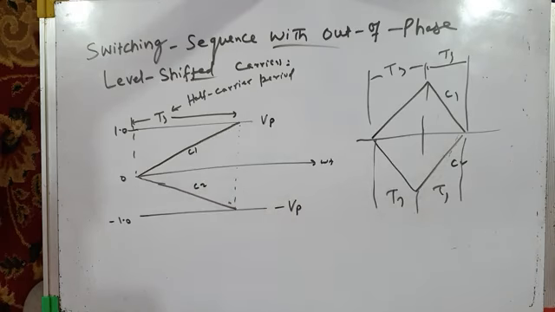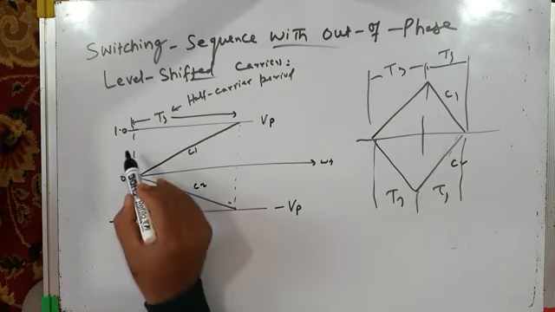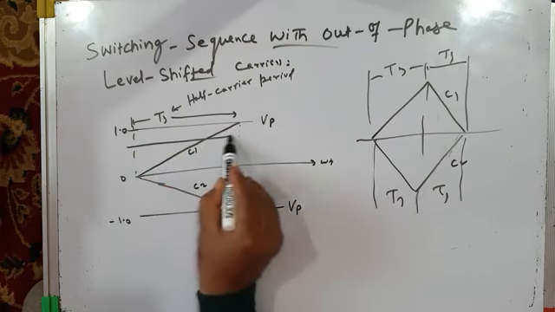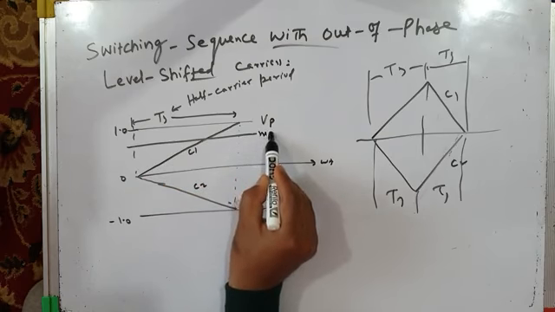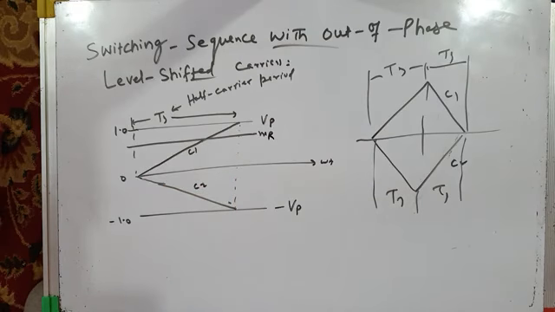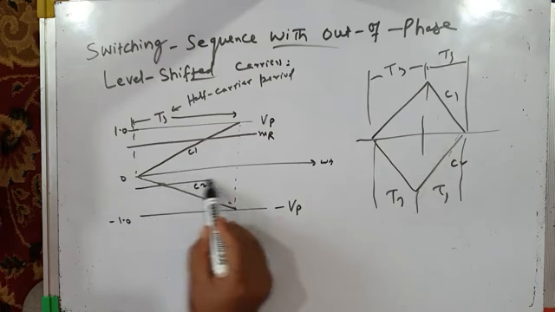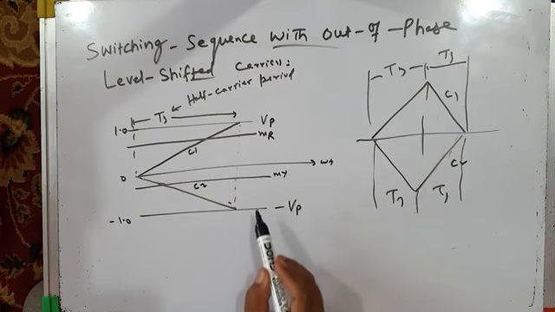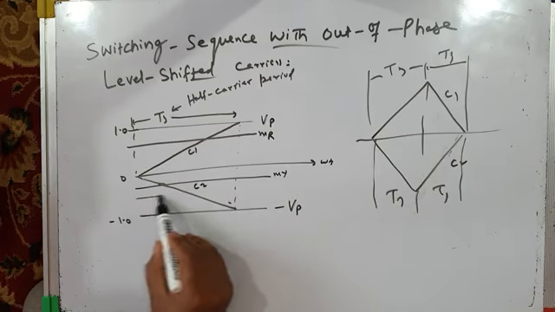Since these are level shifted and out of phase carriers, they are just like this. Now these have to be compared with modulating waves. Let us compare these two carriers with modulating waves. Say, for example, I have modulating wave MR, then modulating wave MY, and another modulating wave MB.